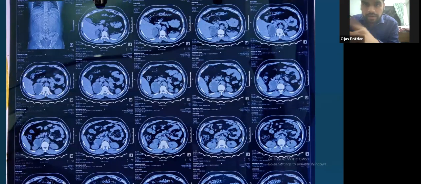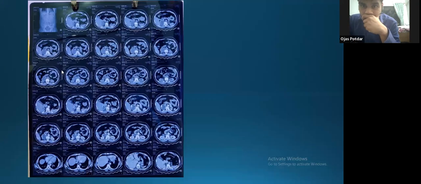In the right suprarenal region, a heterogeneous mass is seen with higher density on the rim and central hypodensity in the inner part. Both kidneys appear normal. So I'd like to see the contrast films.